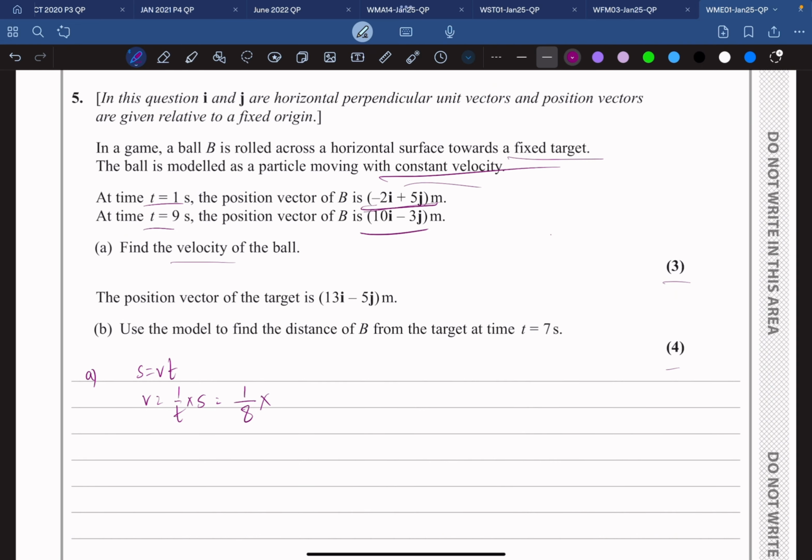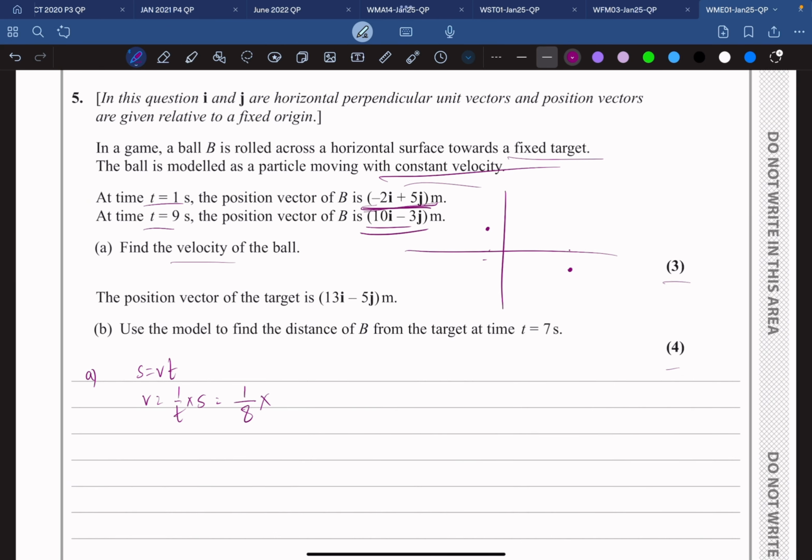Okay, let's just say, just so that you can visualize better, let's say this is the whole graph right here, and the initial position is minus 2 plus 5, so that's like maybe somewhere here, and then the final position is 10i minus 3j, so it's like there. Okay, this is my initial and this is my final.